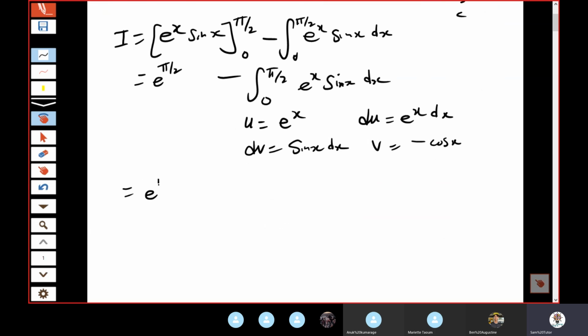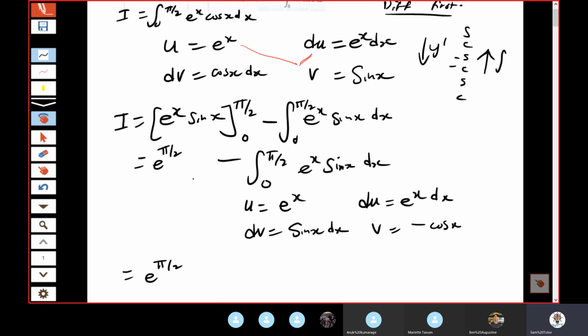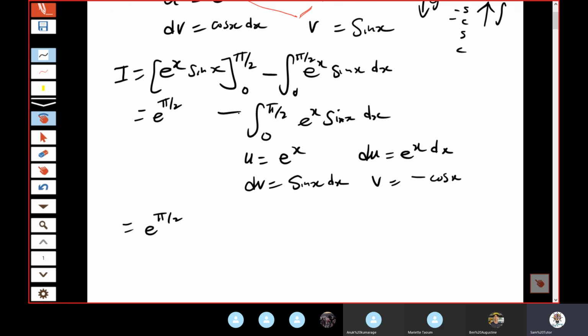Equals e to the pi on 2. And look at my setting out. When you guys are writing it, you've got to set it out the same way. When I'm dealing with this integral, I've left my u on this side here. So when I'm trying to rewrite it, I can just look up here and bring this down all the way. It becomes equals e to the pi on 2 minus this integral. So open big brackets, these two put together.